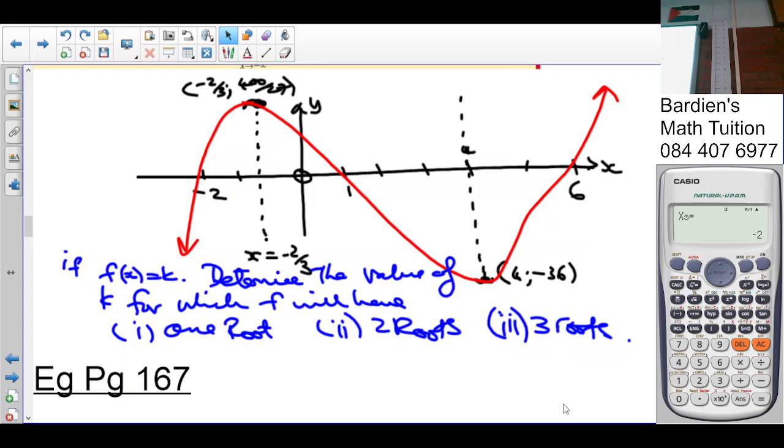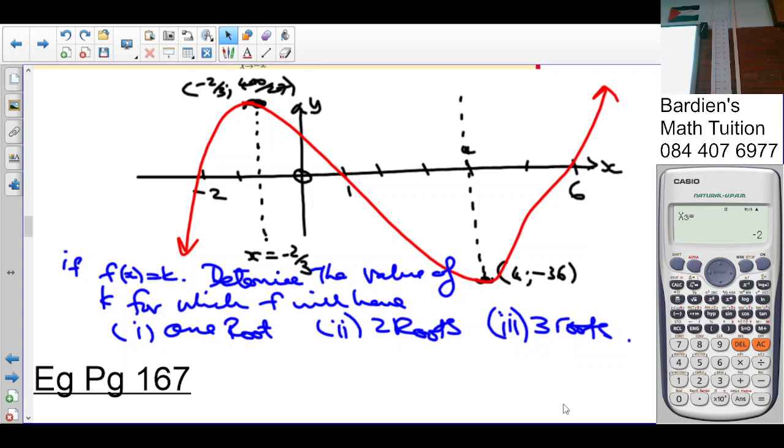Take it down: if f of x equals k, determine the value of k for which f of x will have, in the first case, 1 root.